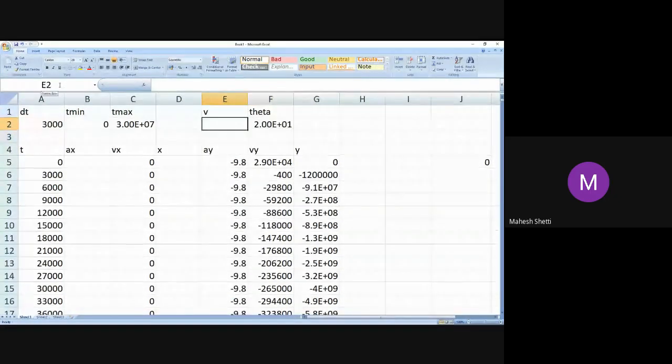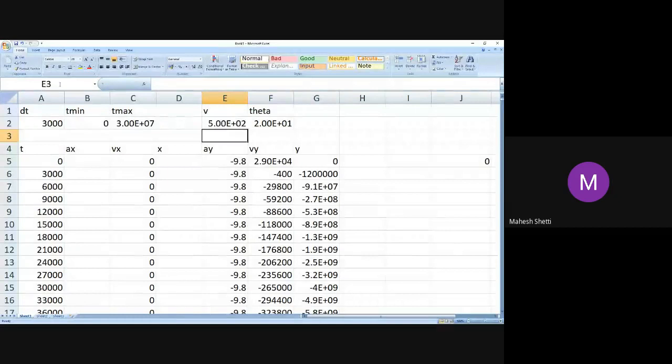The velocity is going to be in SI units, so I have to give some realistic velocity. I can't give it in kilometers per second. So let me keep it, say, 50 meters per second, sufficiently high velocity. I can make it 500 meters per second also, that is also good enough.